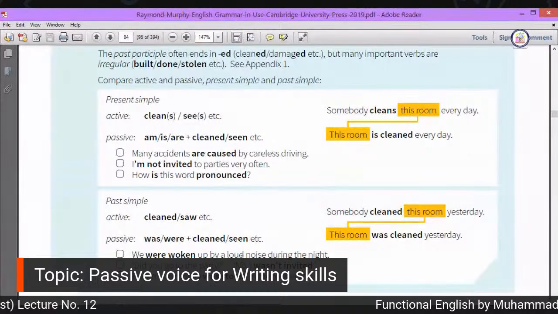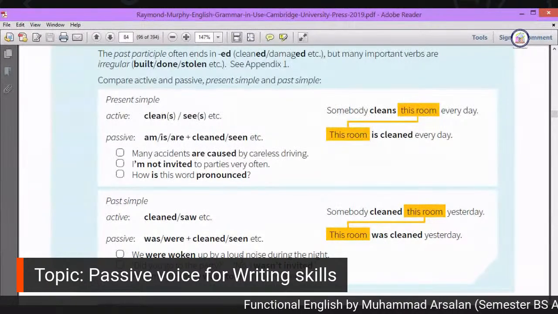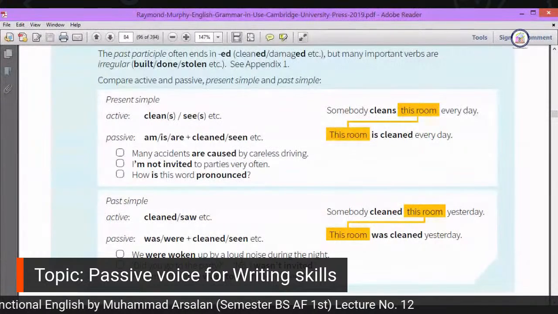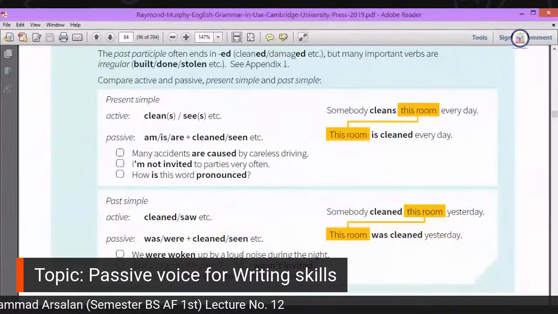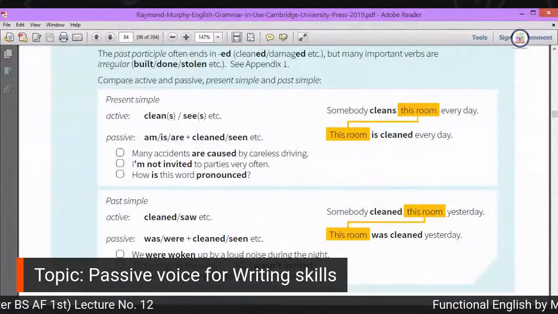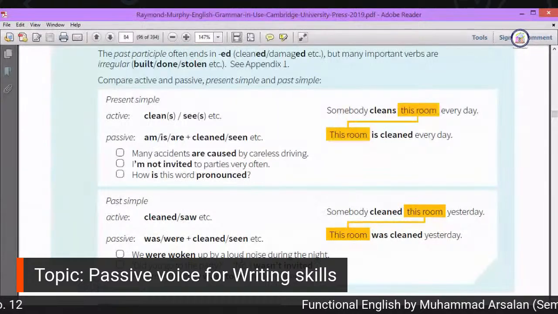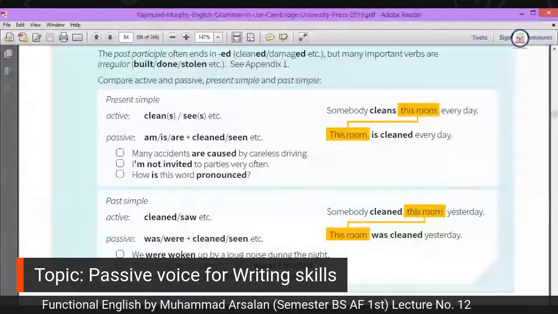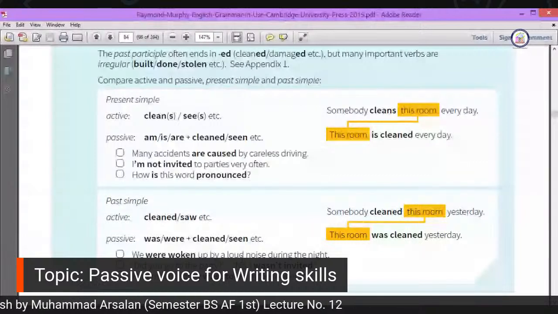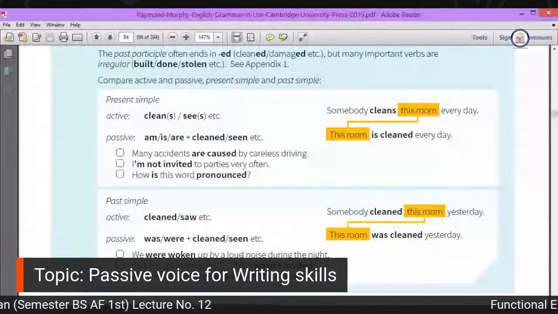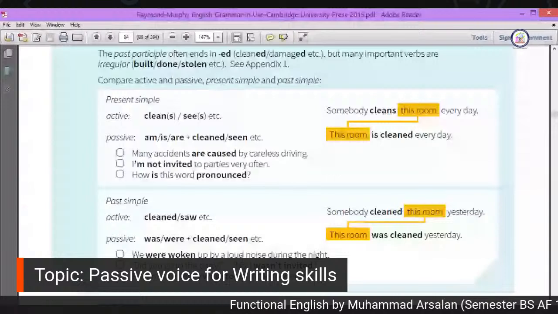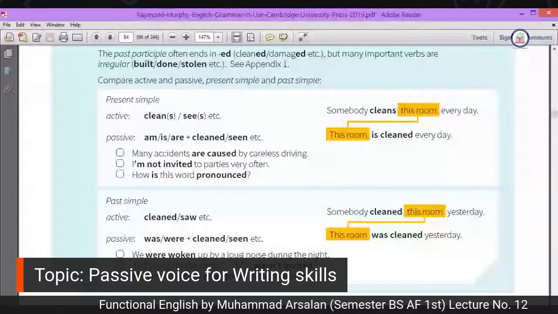Somebody cleans this room. I'm not invited to parties very often. Like I'm a very boring person. Yeah, I'm not very social, so I'm not invited to the parties. Then we have, how is this word pronounced? We don't say how do people pronounce this word. We say how is this word pronounced? Because the pronunciation of the word is important, not how people pronounce it.